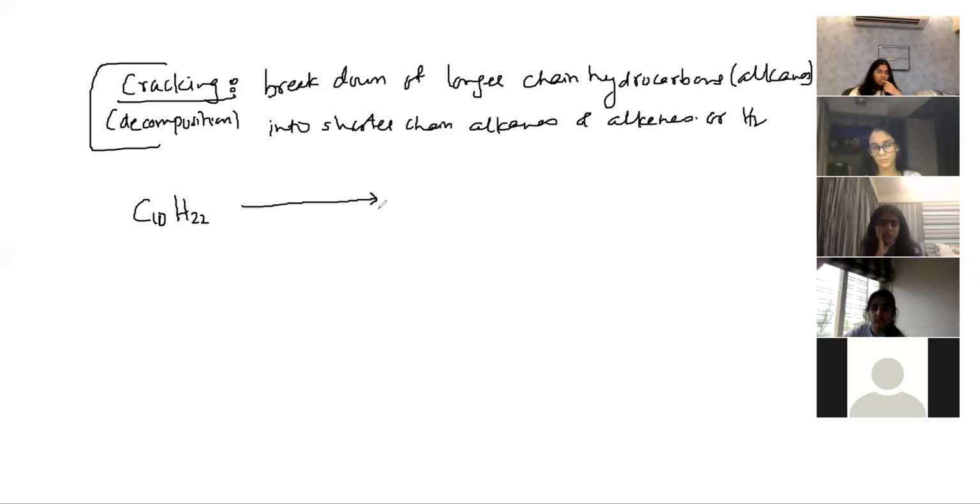So let's say I'm splitting this into a 2 plus 8 combination, so 10 carbons are breaking into 2 and 8. So C2 and C8. Now out of these, one will be an alkane and the other will be an alkene. Whenever you get two fragments, one has to be an alkene and the other an alkane.